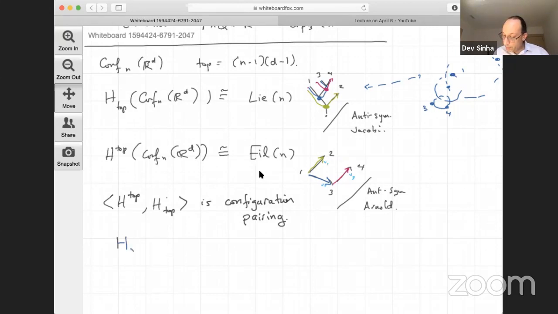All of the homology of the configurations of endpoints in R^D has an algebraic name. It's part of the Poisson operad with degrees shifted by d-1.